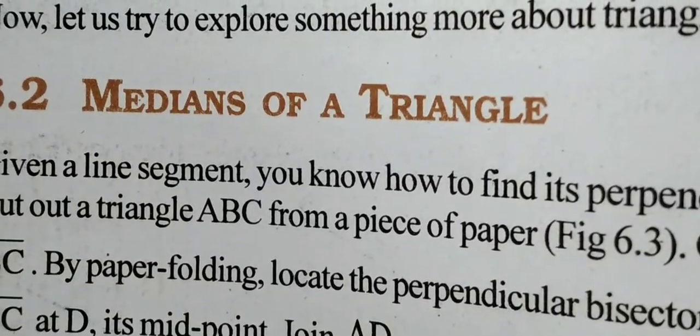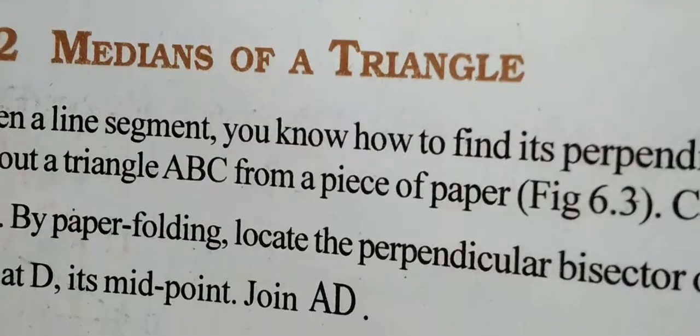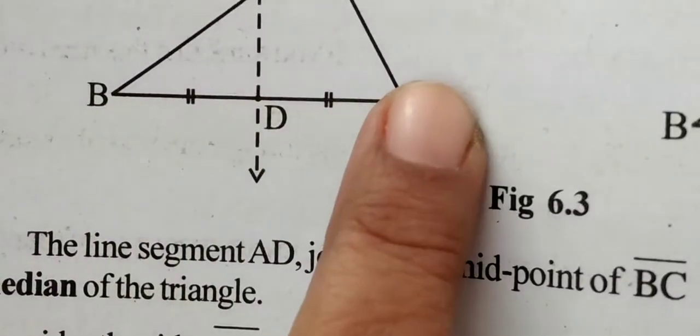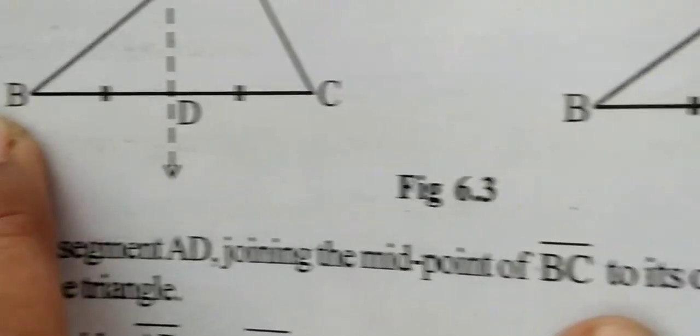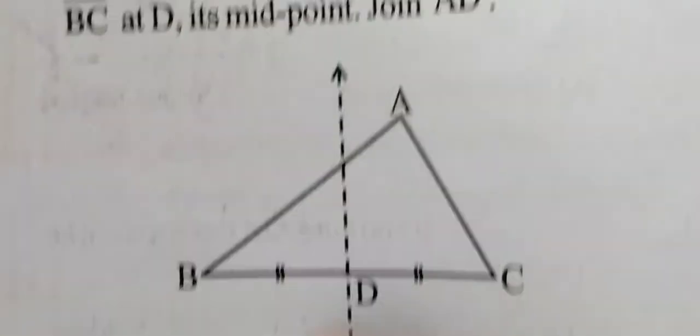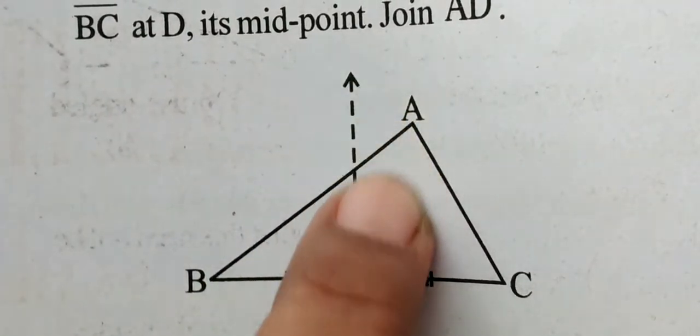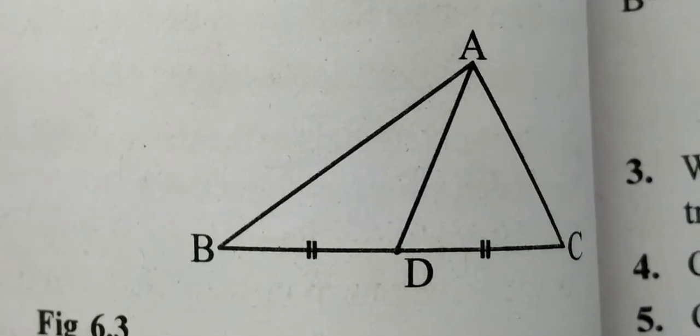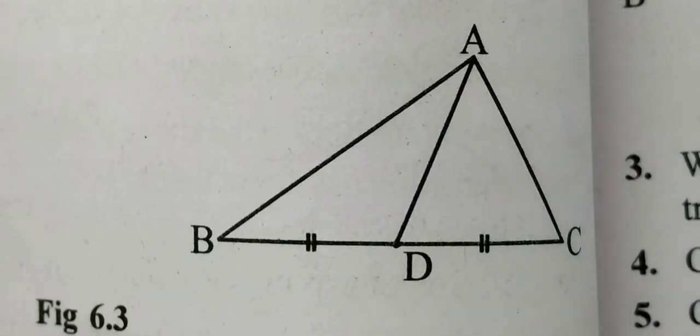Now we move on to median of a triangle. Median is again a line segment joining the midpoint of one side to the opposite vertex of the triangle from where it is coming out. Here you can see, you will get a better idea looking at this picture.